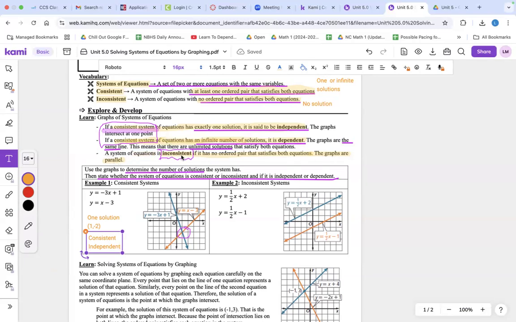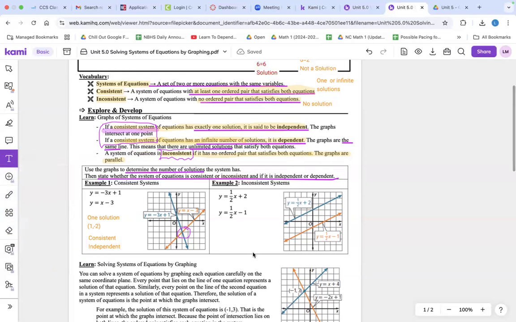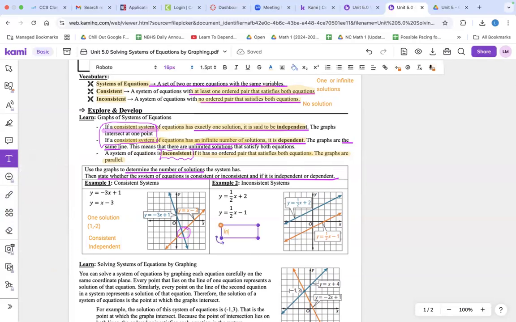So since it's parallel lines, then we know without a shadow of a doubt, just like it states, that this is inconsistent. But what else do we know? Since they are not touching, since they are not agreeing, then we know that the number of solutions here was no solution.